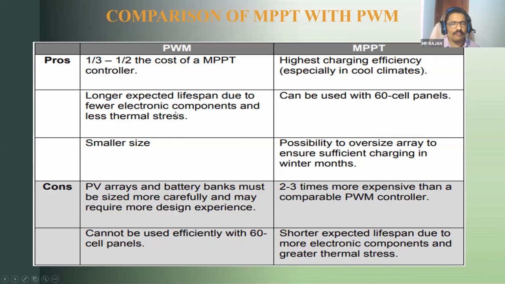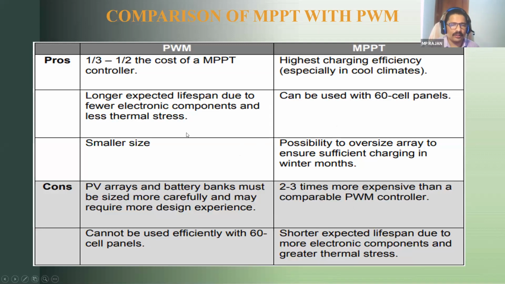And PWM's lifespan is more because its complicated circuit नहीं है. So this is durable, we can say. Whereas owing to the so many extra electronics components, your MPPT is having less life. And this is a smaller size again. Components are less in PWM, and it is a bigger size.